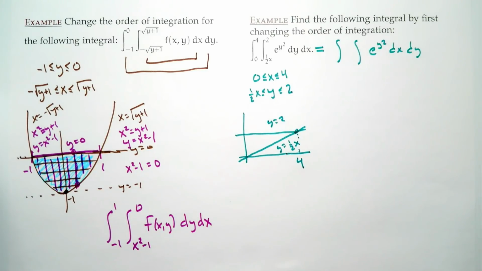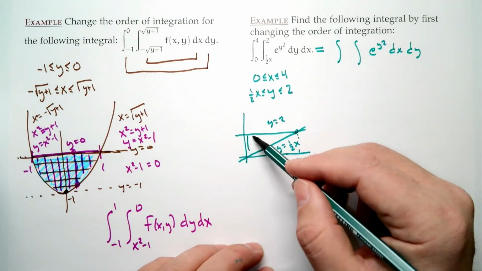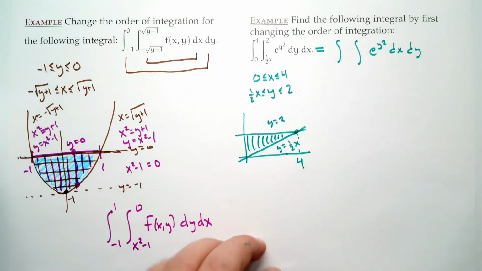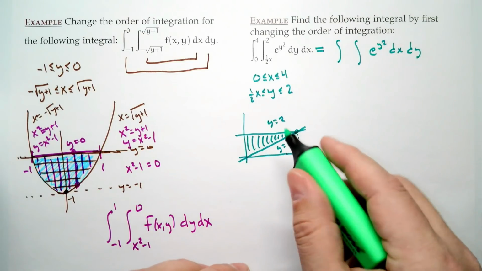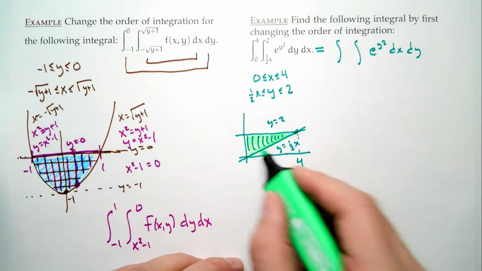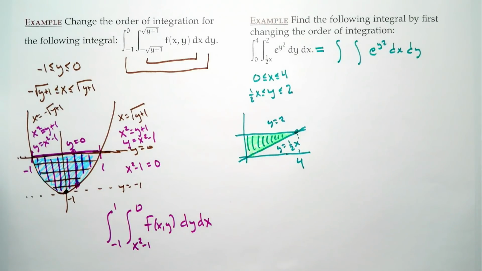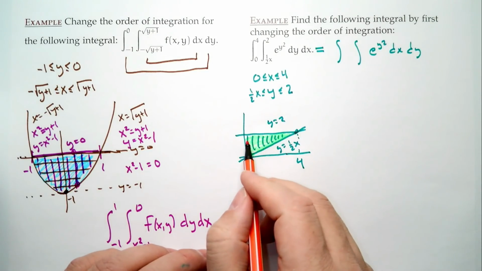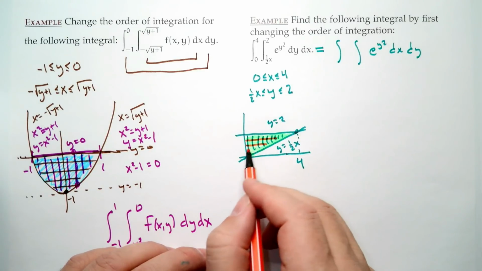So what's our region? Well, our region is this triangle. So I'm going from a half x up to 2. So that's our region that we're currently integrating over. And we're still going to integrate over that region. So that's not changing. But what we're going to do is change the way we slice it. So instead of our vertical slices, we're going horizontal.